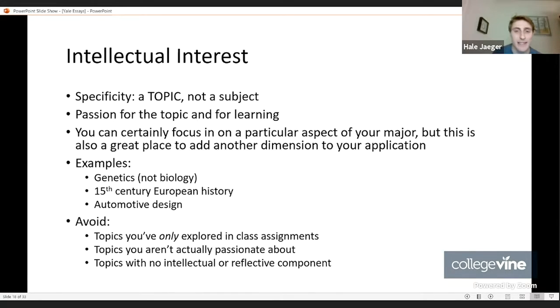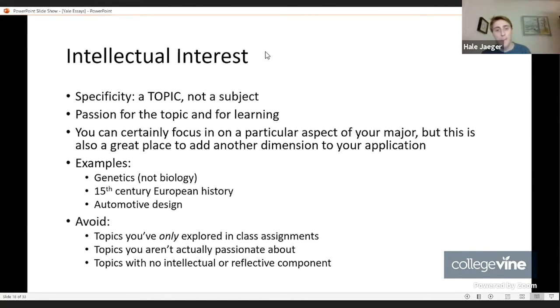It is really easy to tell when someone's writing something they think sounds impressive rather than something they actually care about. And then lastly, something with no intellectual or reflective component. Again, this is an intellectual interest essay, not just an interest essay. You can make almost anything intellectual if you try. You just have to make sure that you do reflect on it, on something that it's taught you and something you've learned from it.